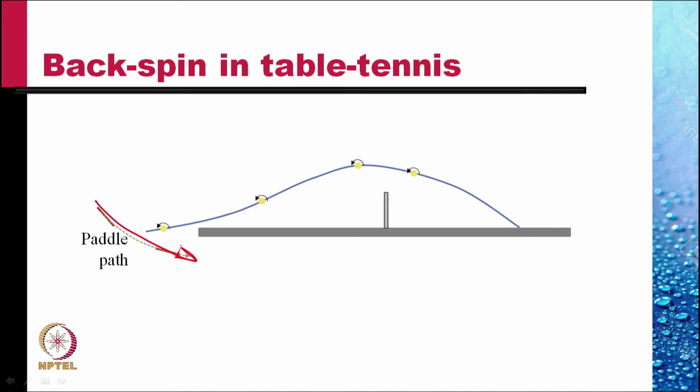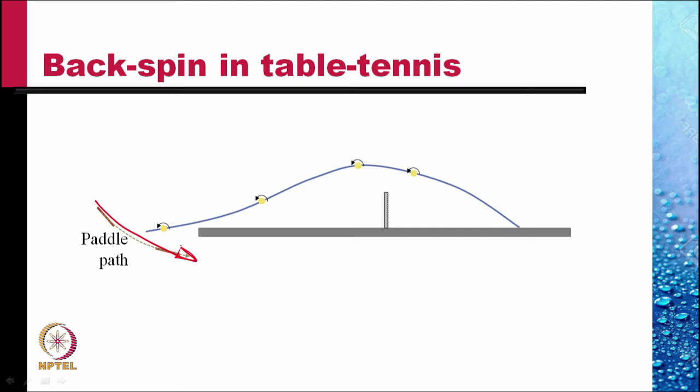The surface of the paddle slides along the ball at the lower point, spinning it about an axis perpendicular to the screen, and the ball rotates in a counterclockwise fashion and travels to the right.